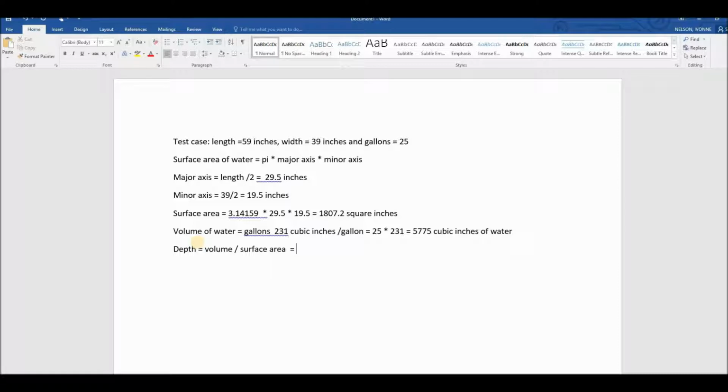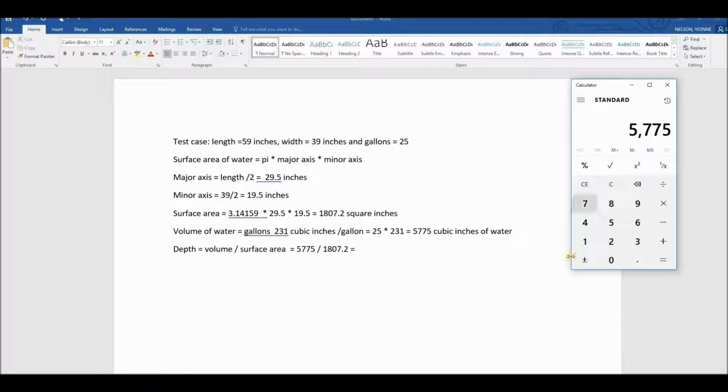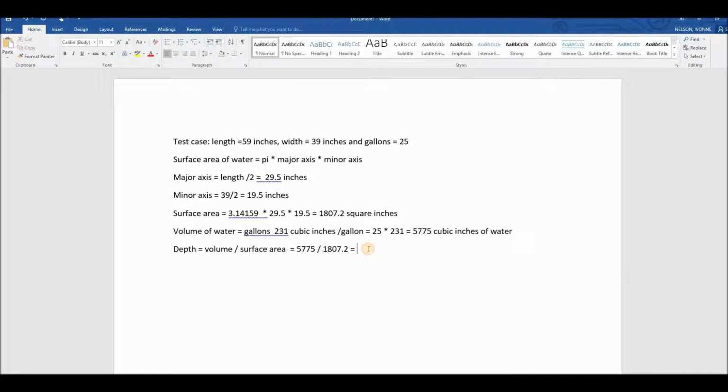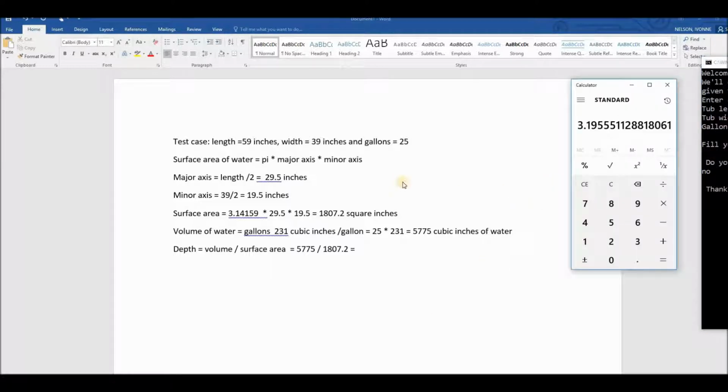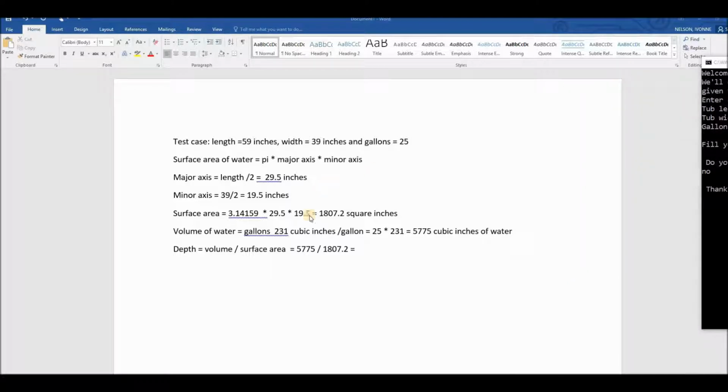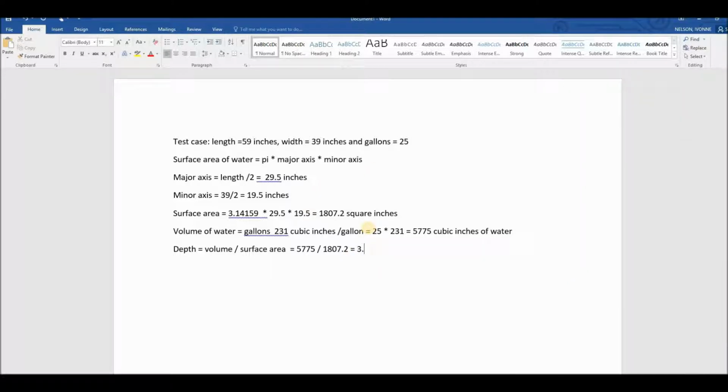That's 5775 divided by 1807.2 equals 3.196. I'm going to go with 3 decimal places just for grins. 3.196 inches deep.